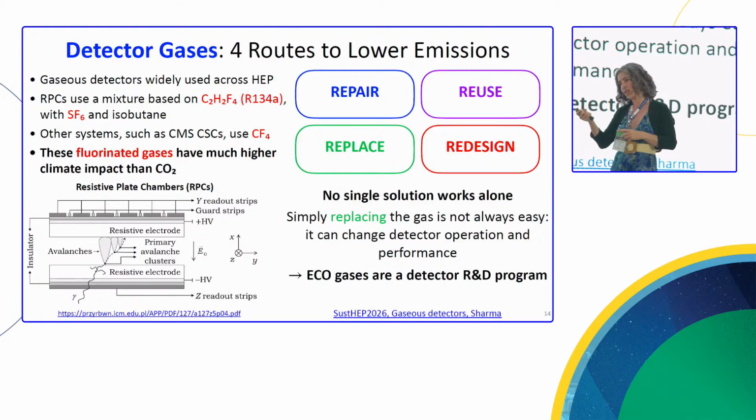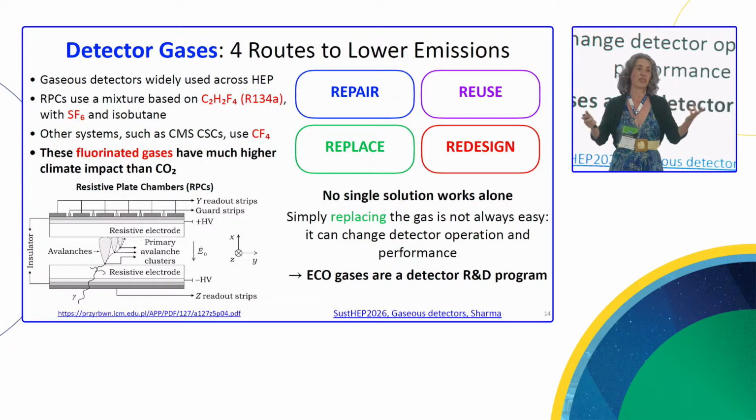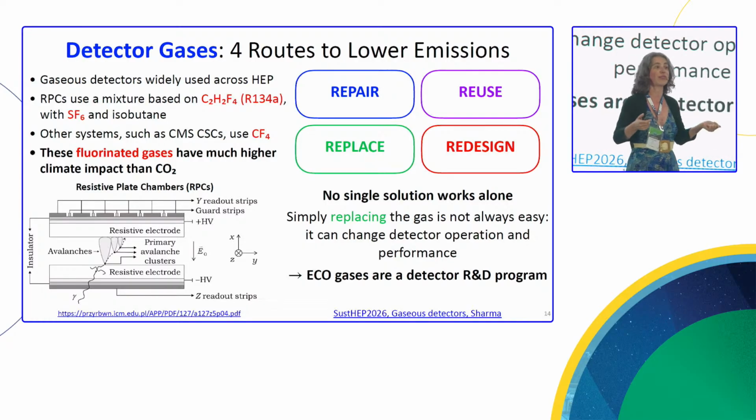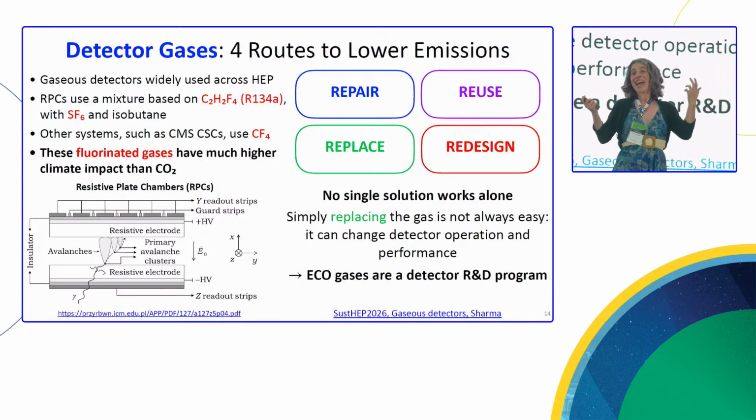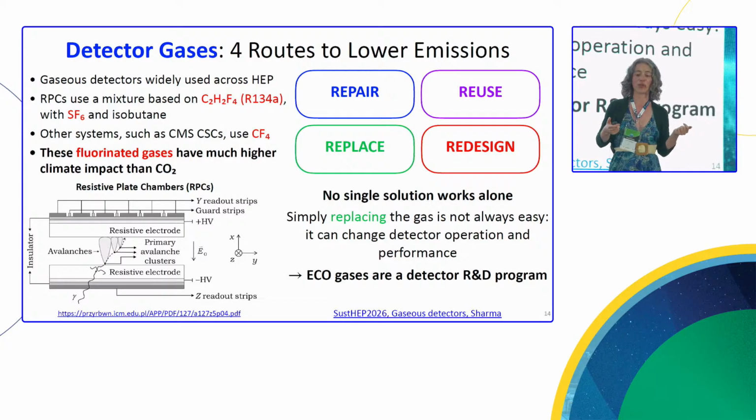And also you might think, well, okay, why can't we just replace the gases? Shouldn't that be the most straightforward, easiest thing to do? But it's not always easy, actually, because replacing the gas can change the detector operation and performance. So using eco-gases is really a detector R&D problem.